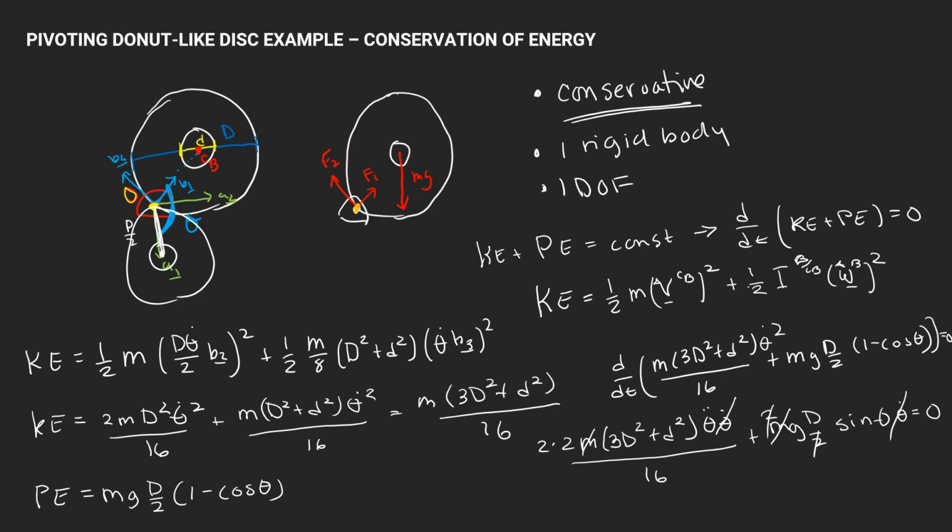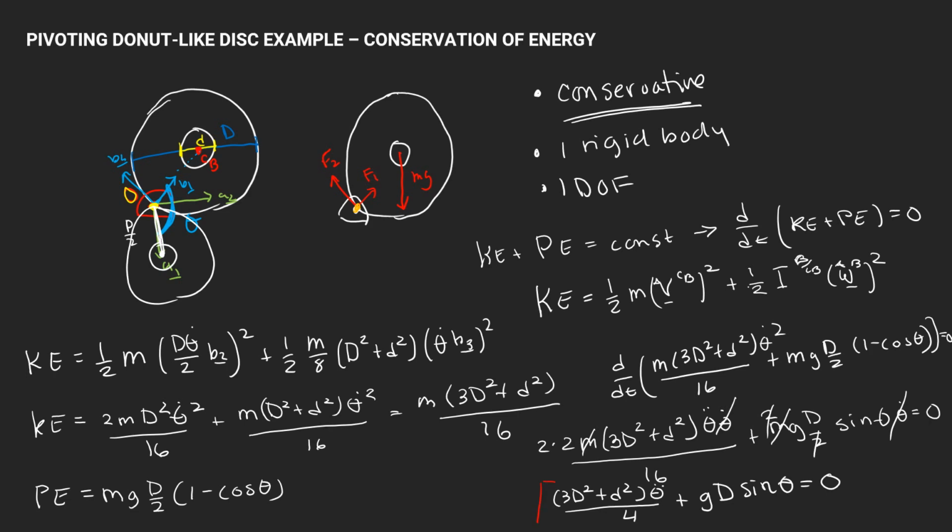So that gets rid of those terms. And so now we write this as, 4 over 16 is just going to give us a fourth. So we get 3D squared plus d squared, theta double dot, over 4, plus g d sine theta equals 0.